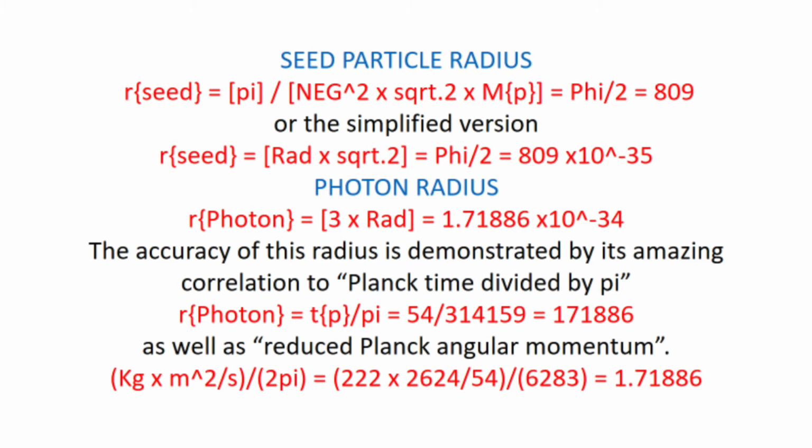Subsequently, we must also consider the more obvious simplified version of the seed particle radius as simply being rad times square root 2. Furthermore, the photon radius can simply be expressed as 3 times rad, equaling 17.1886 times 10 to the negative 34, which also corresponds to Planck time divided by pi.